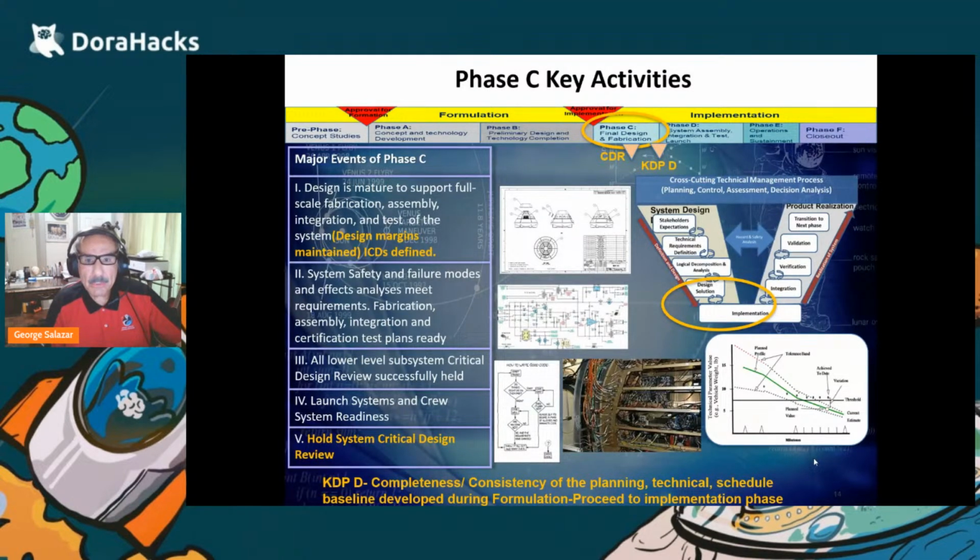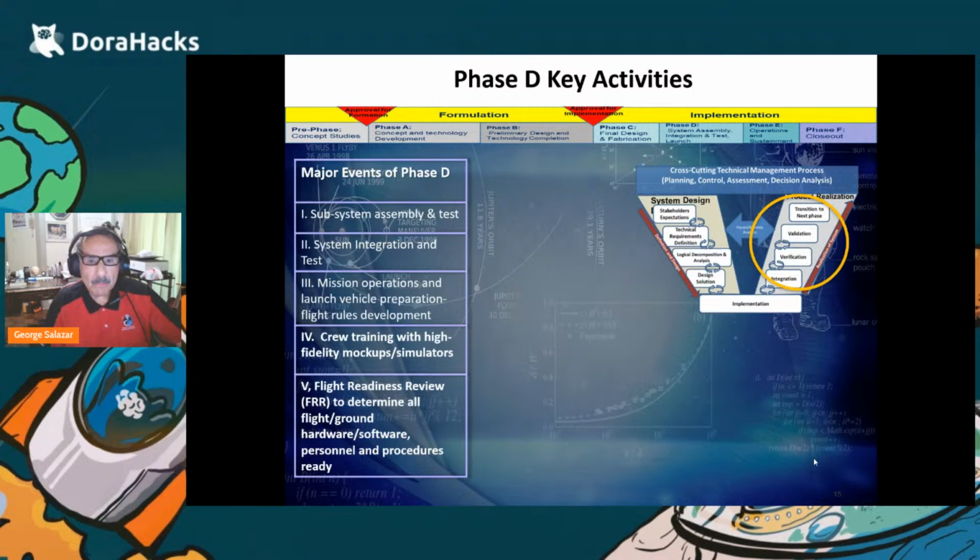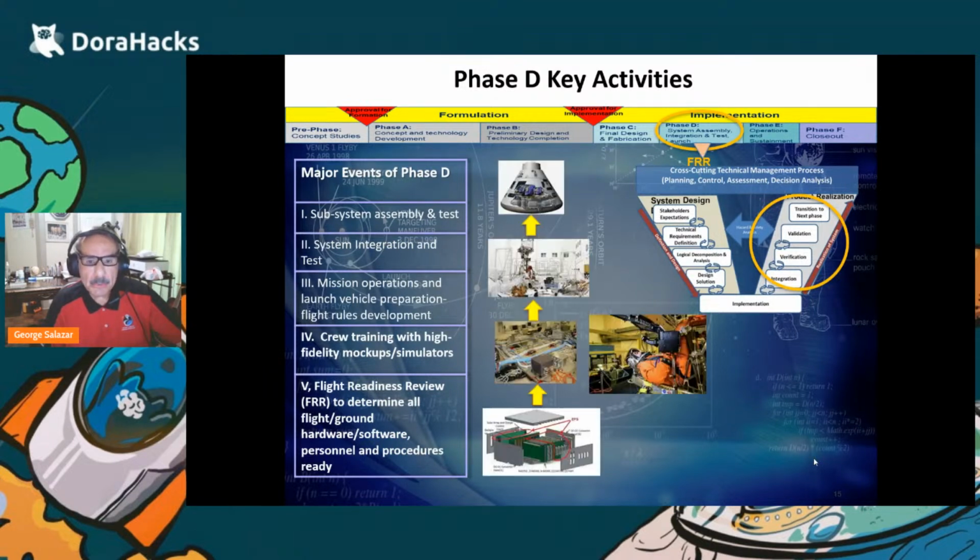And now you're going into where things get really expensive. You're doing crew training, and you're doing all kinds of integration, verification, validation testing. You're working with the crew with the actual high fidelity system. And this is all going to take you to flight readiness review. This is a major review, 3-4 days, sometimes a week, sometimes as much as 2 weeks of reviews.